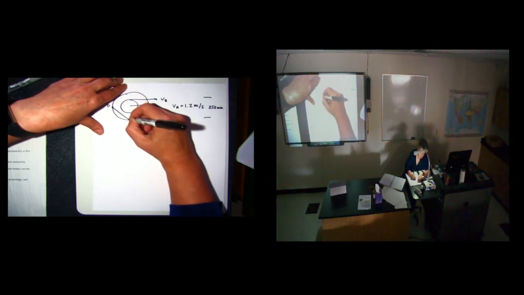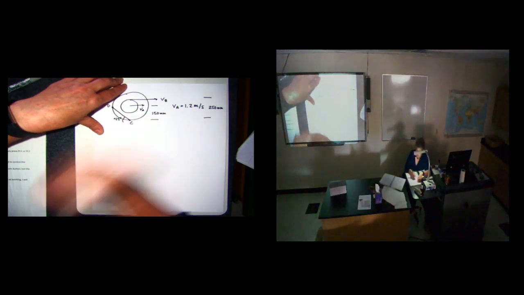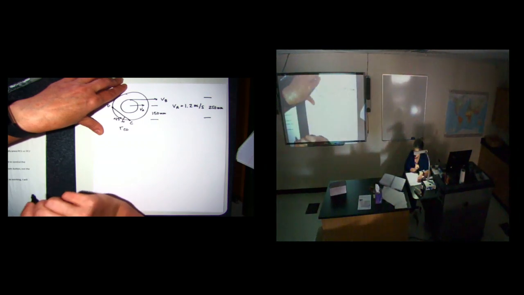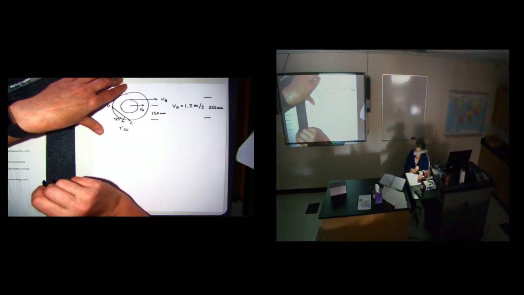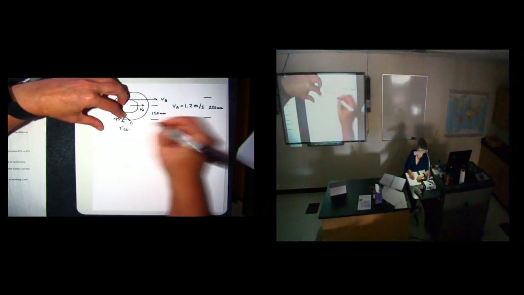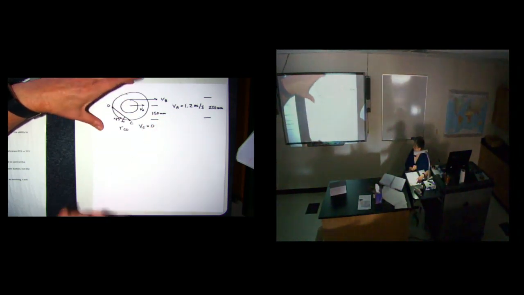Why is VC 0? Because it's not going anywhere. If I'm moving this gear, this point's staying put, just like on the bicycle. It'll eventually go somewhere, but for right now. Well, this is actually a gear, so it won't.